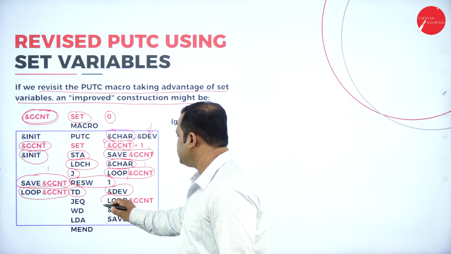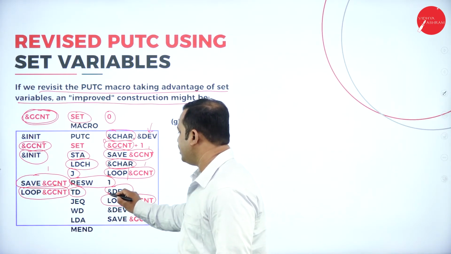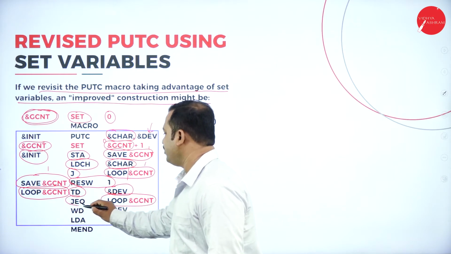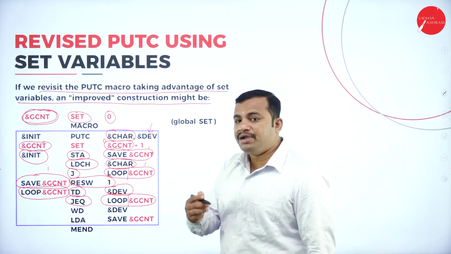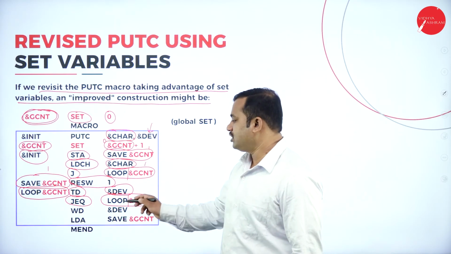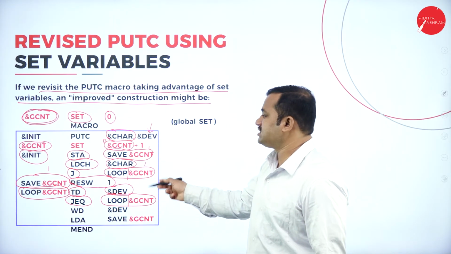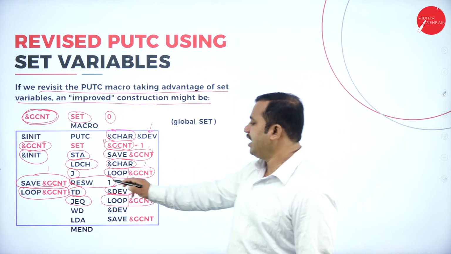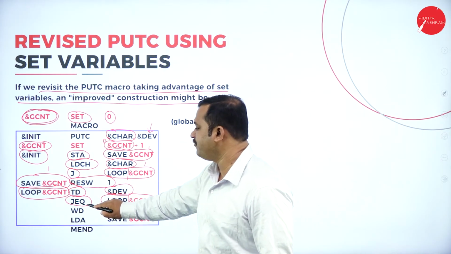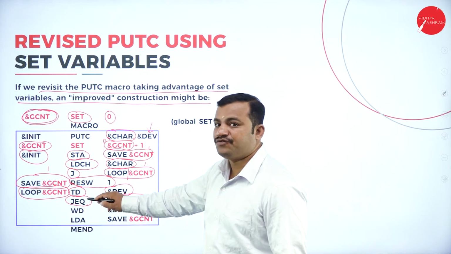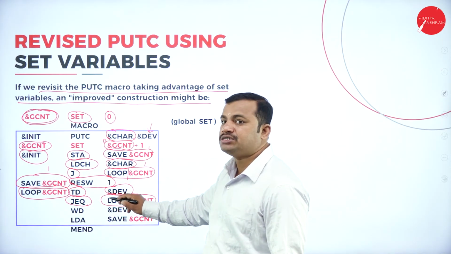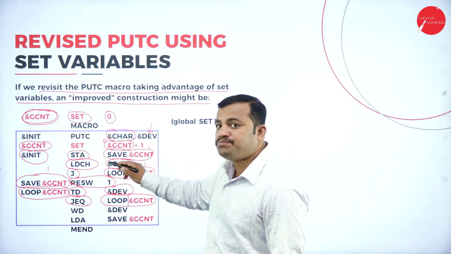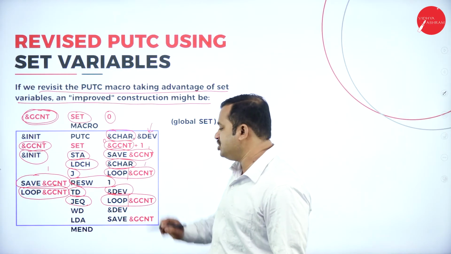Again, what happens? Jump if equal. What is the meaning of loop once again? Repetitively executed. What is the value of this GCNT next time? We have jump if equal here. That is, if the condition is satisfied, repetitively executed statements are going to be placed in the expanded version of the macro definition.